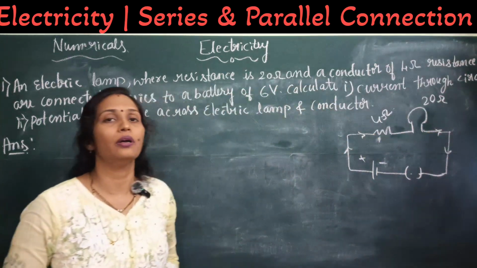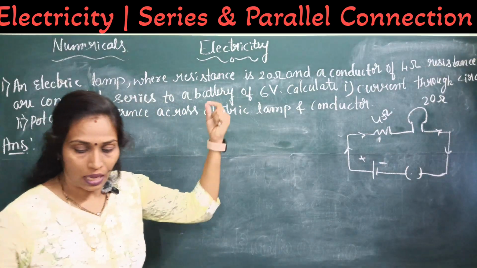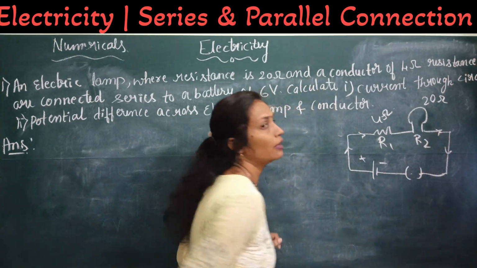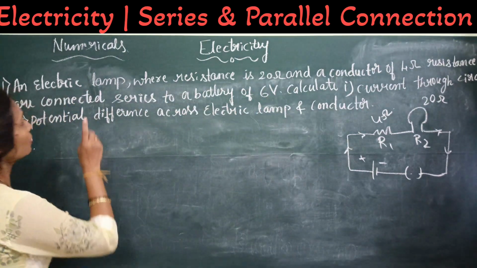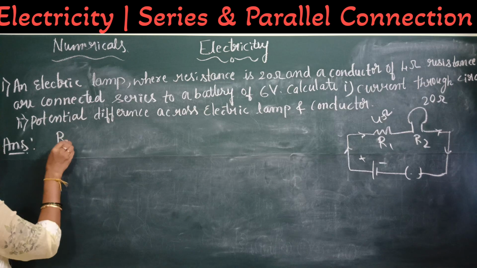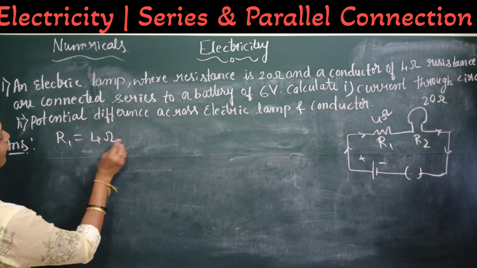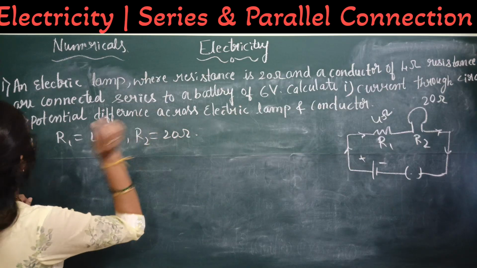I already told you, resistance can be calculated by using what, guys? R1 plus R2, correct? They got connected in series. So what they had given, R1 is how much, guys? 4 ohm. Okay, and R2 is how much? 20 ohm.